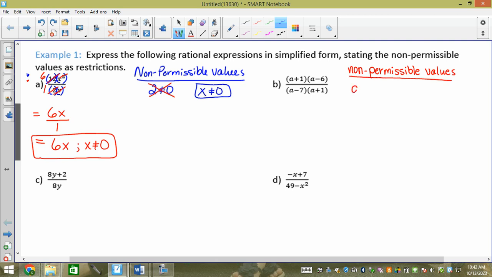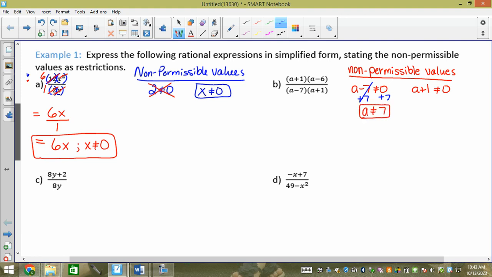So we can go right to our non-permissible values. We get a minus 7 can't equal 0. A plus 1 can't equal 0. Whatever's in the brackets, you set not equal to 0. What am I going to have to do to the a minus 7 to get a by itself? Yeah, add 7. So I get a can't equal 7.